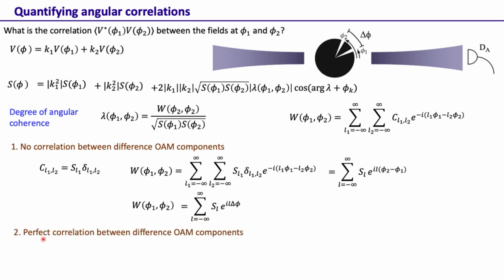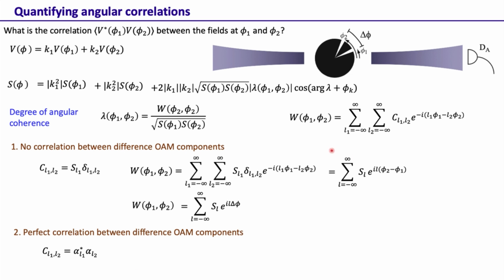We can have the second case, when there is a perfect correlation between different OAM components, and in that case C L1 L2 is alpha L1 star alpha L2. So it is just that the ensemble average is the same as the quantity itself. That's when there is a perfect correlation.